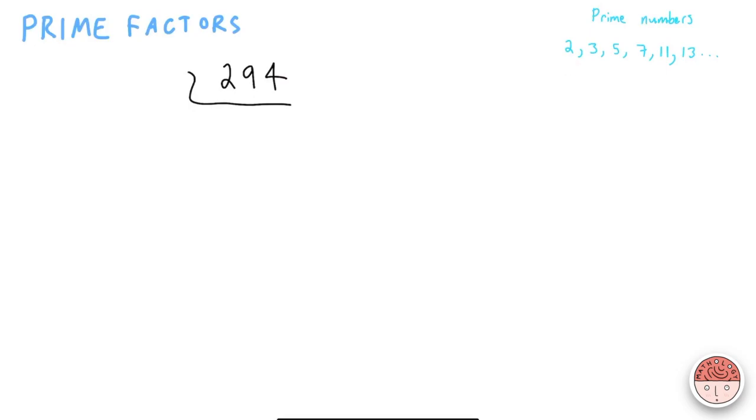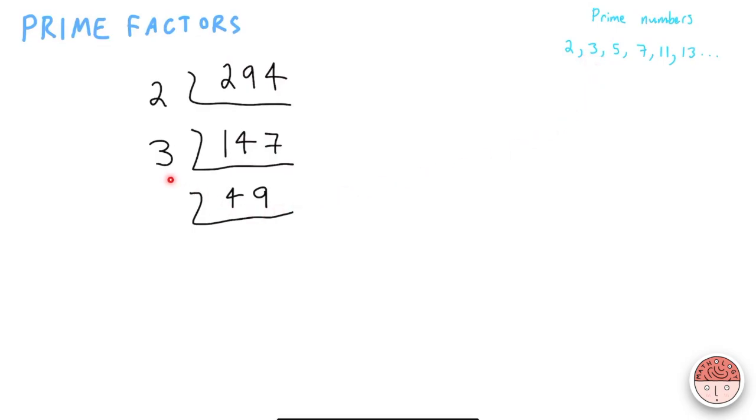294. So we would start off with the smallest prime number, which is 2. 2 can be divided into 294, resulting in 147. But 2 can no longer be divided into 147. So we move on to the next prime number, which is 3. 3 can be divided into 147, giving us 49.